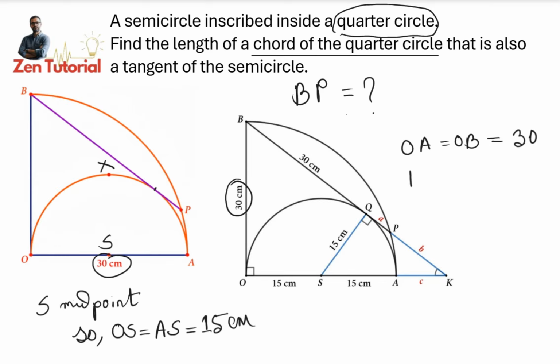And BQ, as the tangent from B, BQ is equal to OB, so this is also 30 centimeter. Why? Because of the tangents from B.